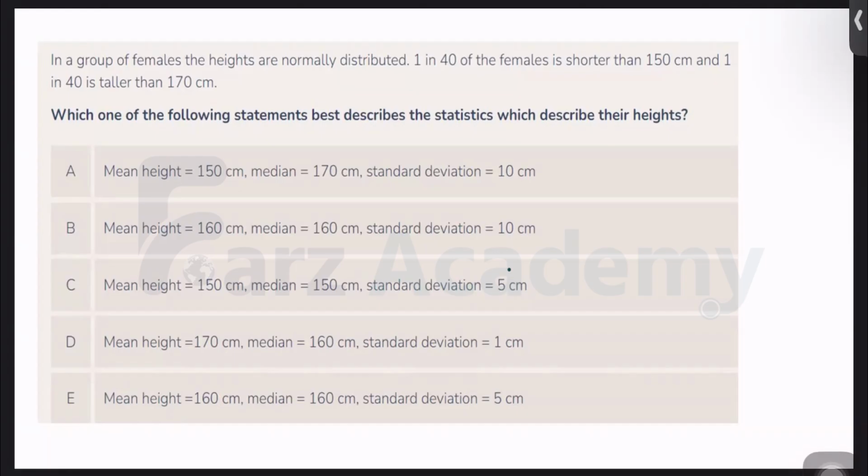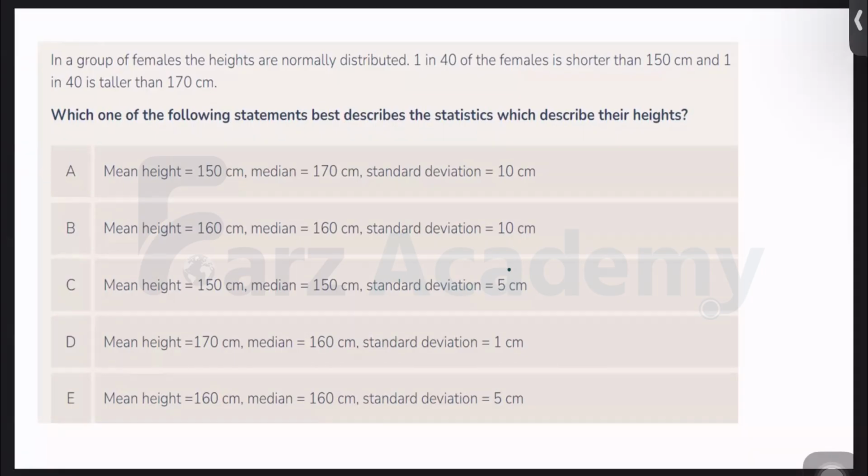That is two standard deviations, a range of 20, that lies between 150 to 170. So each 10 comes in each of the groups, plus minus 2.5. Because it is two standard deviations, it will become 2 into 5, that will give you a value of 10. If you do 160 plus minus that, you will understand. You can also take standard deviation as 5 and calculate it from the option.